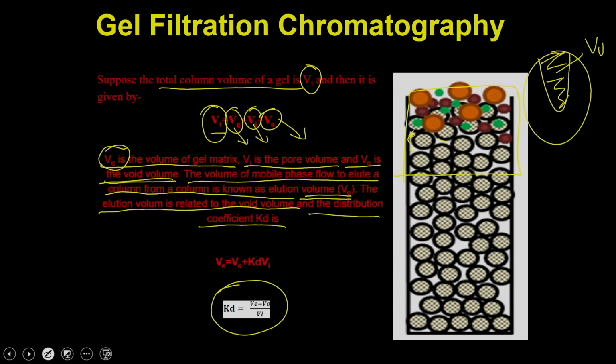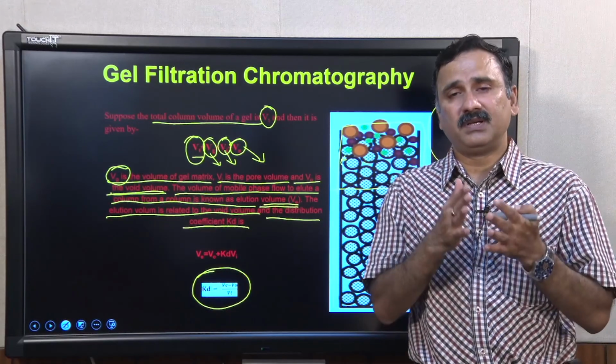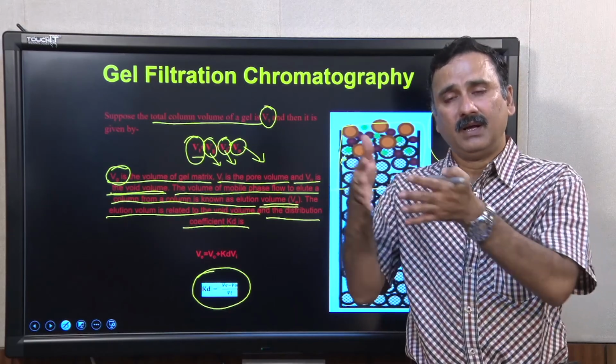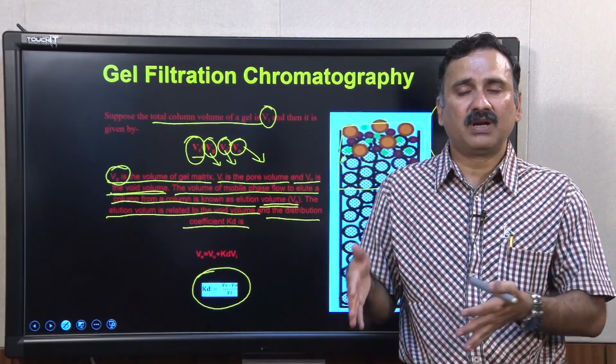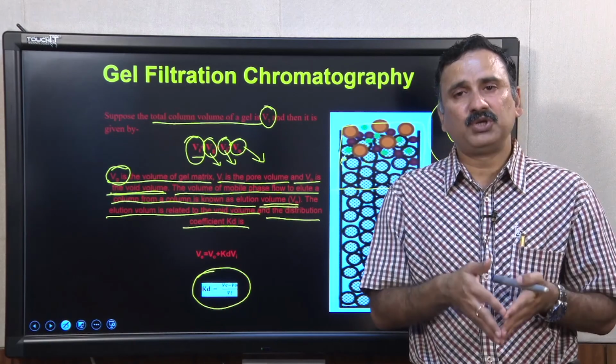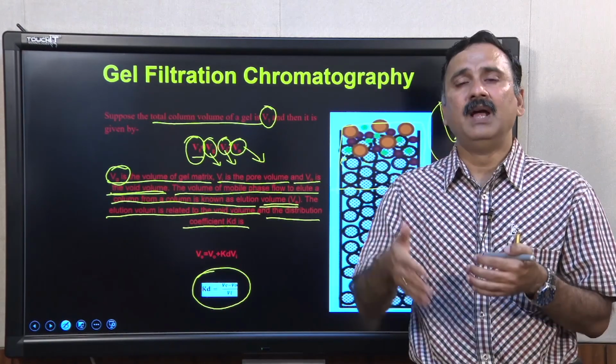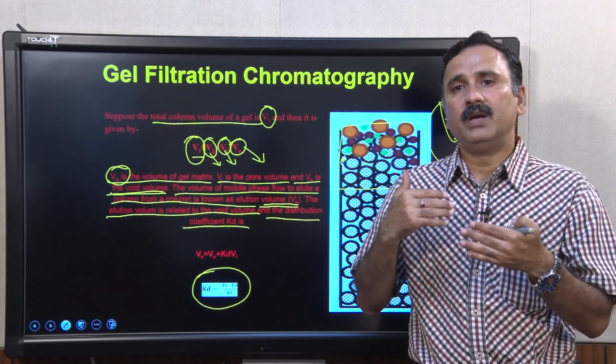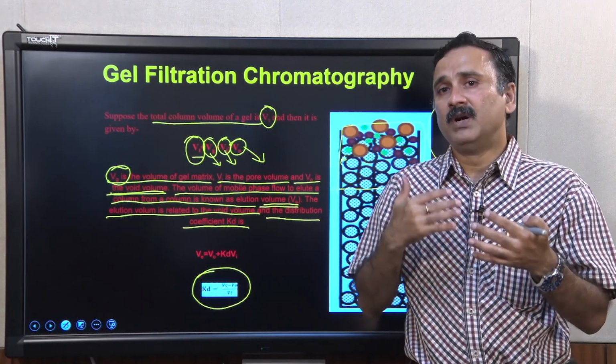If you still recall, we discussed the distribution coefficient in our first lecture of the chromatography, where we said that the distribution coefficient determines how the molecules are going to be distributed between the 2 phases.